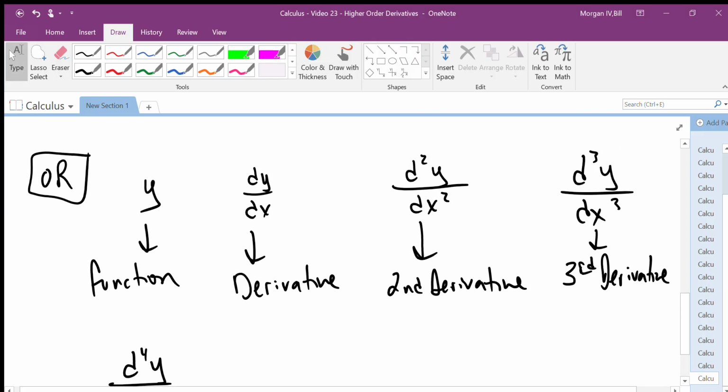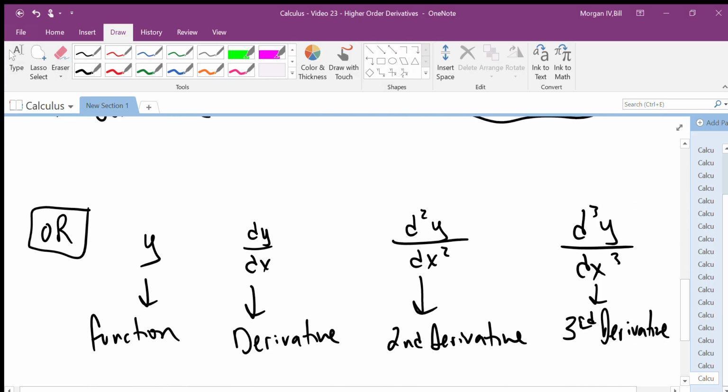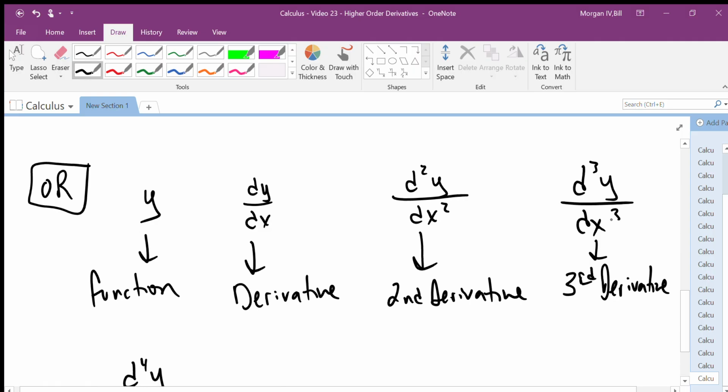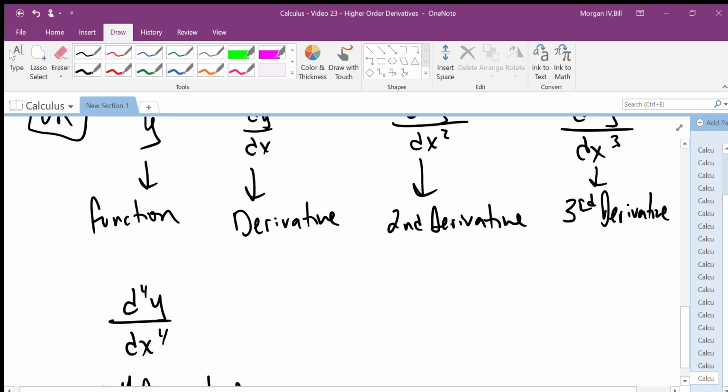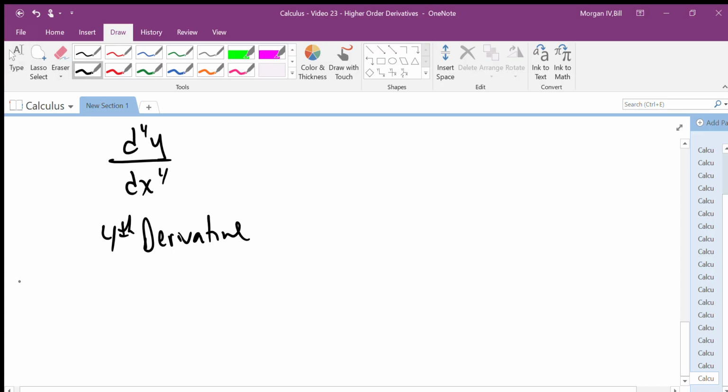The first derivative, the second, the third, the fourth, they all have the same notation: d to some power y, dx to that particular power. And you'll find the further into math, physics and engineering you get, the more we will end up using this notation as opposed to the f prime notation. It just ends up being more useful and easier to write things with. Okay, so those are the notations. Let's try some examples.